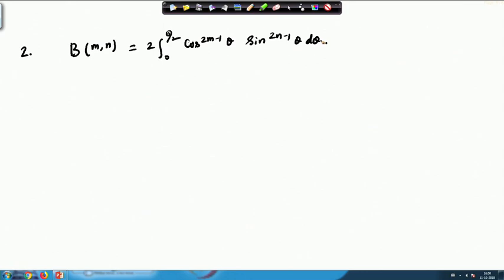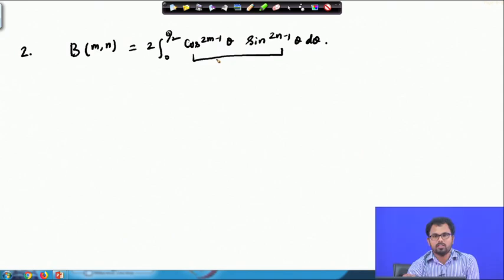So, instead of having an algebraic expression, we now have a trigonometric expression in the integrand. And from looking at this trigonometric expression, it is straightforward that we have to do some kind of substitution for x in our formula.